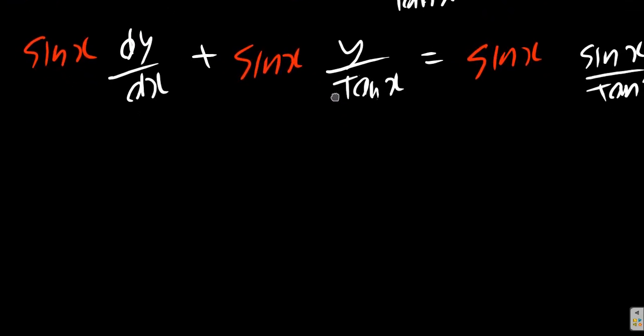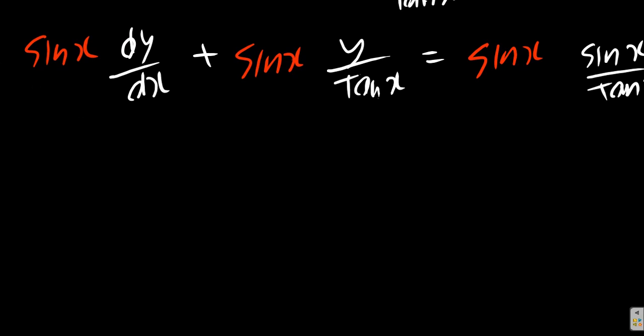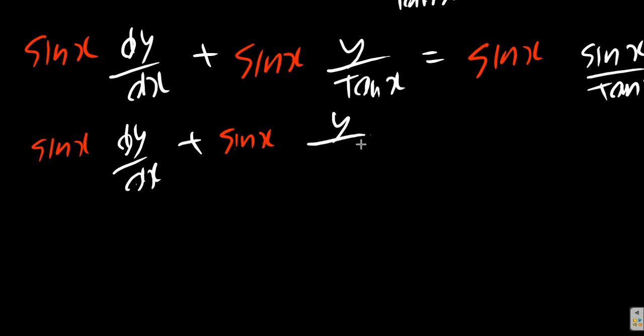Alright, now let's see if we can do some simplification here. We have sin x dy by dx plus sin x times y divided by tan x. What is tan x? It is sin x divided by cos x. So y divided by sin x over cos x is the same as y times cos x over sin x.